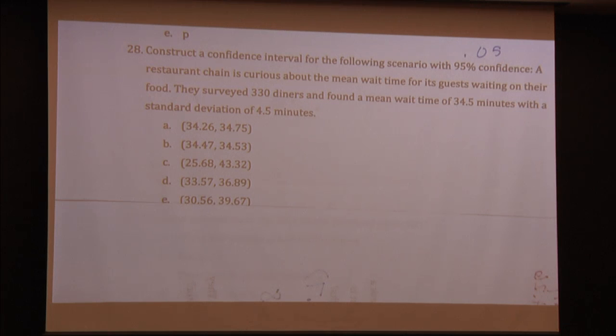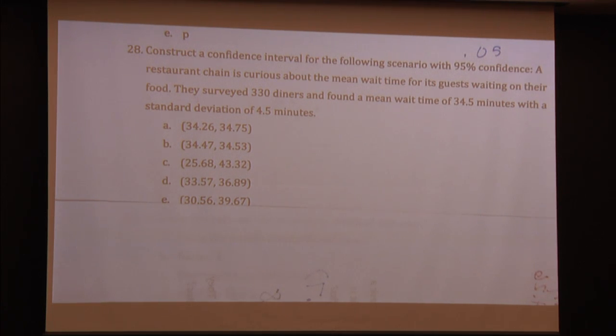Okay, so for this problem, a restaurant chain wants to know about the mean wait time for its guests that are waiting on their food. So they asked a bunch of their customers, their diners, 330 of them, and they found that in that sample there was a mean wait time of 34.5 minutes and a standard deviation of 4.5 minutes. So we're going to create a confidence interval.